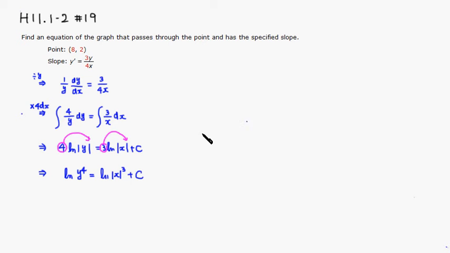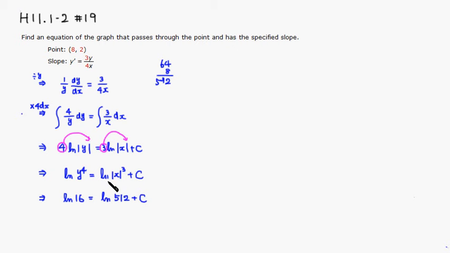If you plug it in, you get the natural log of 2 to the 4th power, which is 16, equal to natural log of 8 cubed. 8 cubed is 64 times 8, which is 512, plus some constant c.